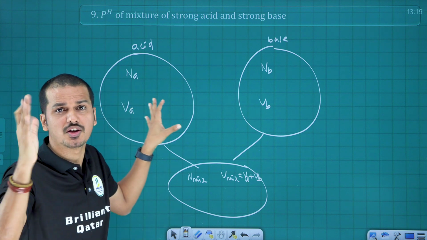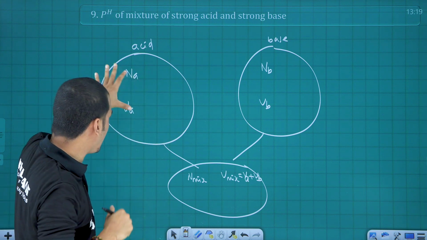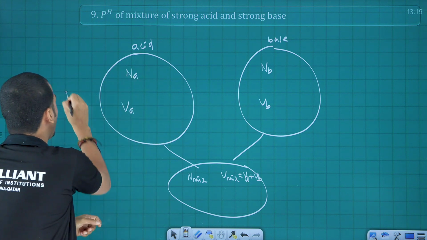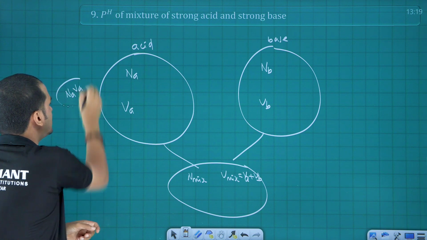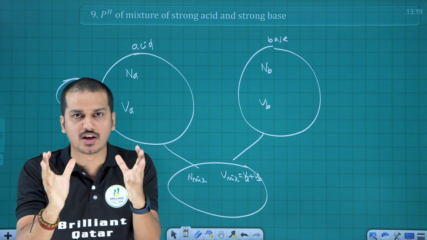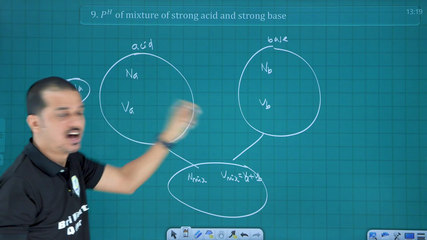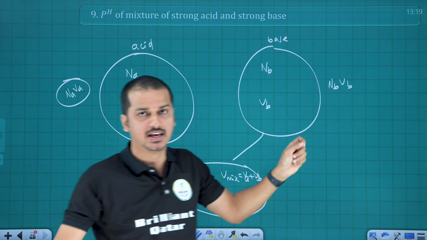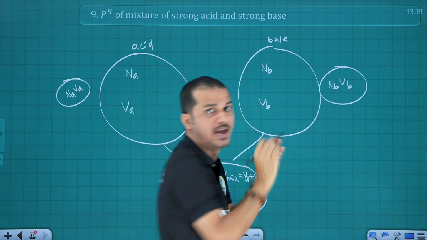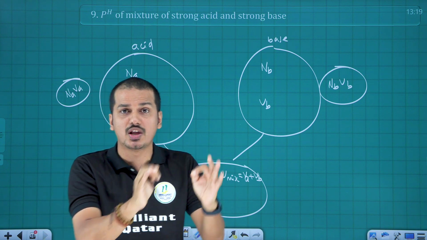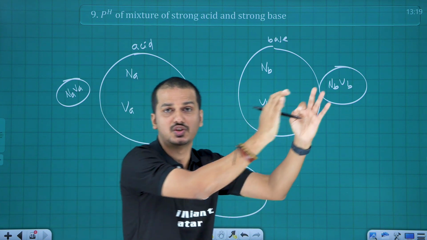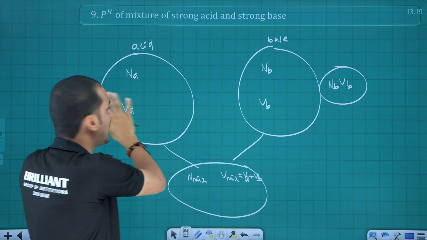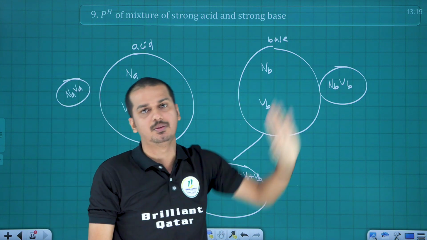But the number of millimole equivalents is not adding. Here Na Va, normality into volume, is called the number of millimole equivalents for acid. For base also I can calculate Nb Vb, the number of millimole equivalents of base. Number of millimole equivalents is equal to normality into volume. Here for acid Na Va, here for base Nb Vb.